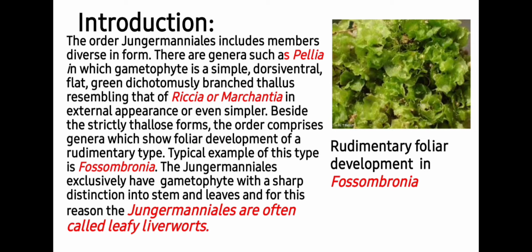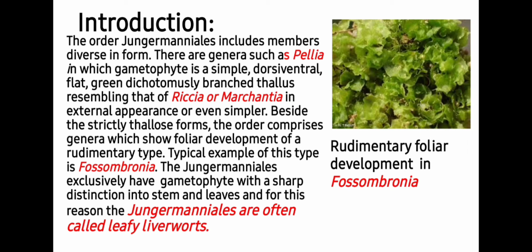The order Jungermanniales includes members which are diverse in form, means they show variety. They may be thallus-like or they may be foliose-like. There are genera such as Pellia, in which the gametophyte is a simple dorsiventral, flat, green, dichotomously branched thallus, resembling that of Riccia or Marchantia in external appearance or even simpler.